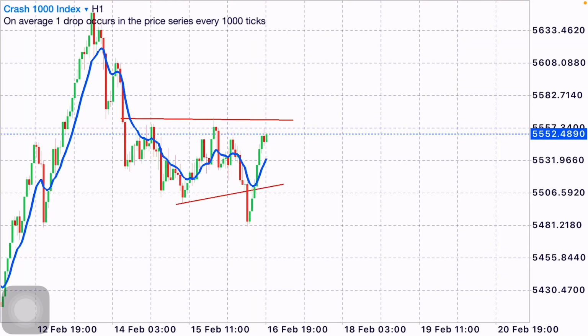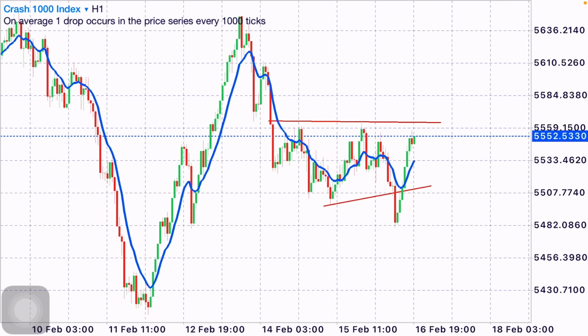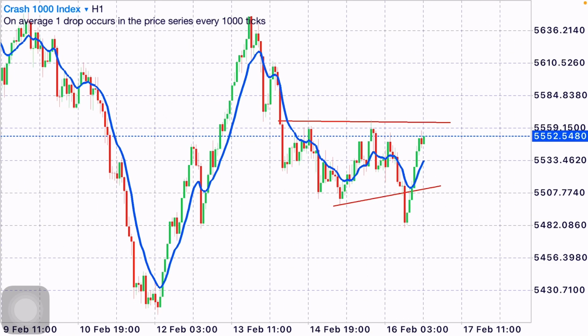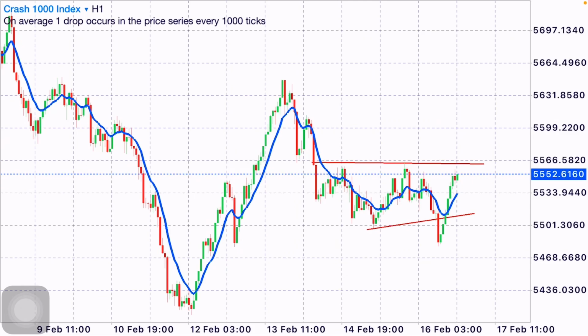So if you look at Crash 1000, this market is trying to break here, and you see this place now, this is Crash 1000. Now you see this edge now, where you have these three edges, where you have all these things looking like needles at this top edge. Now for you to enter the market at this point is very dangerous, because there is a very strong resistance here, and it may want to send the market backward once the market gets here.